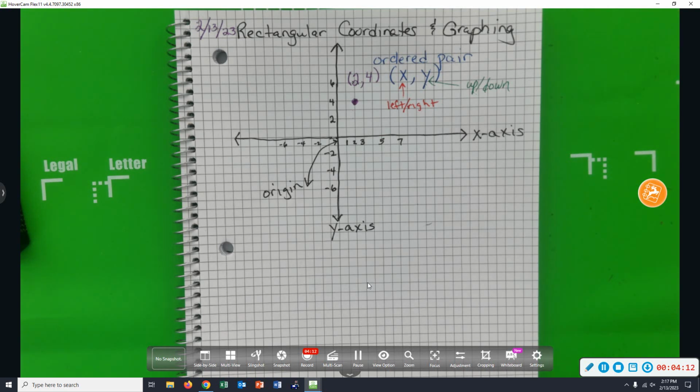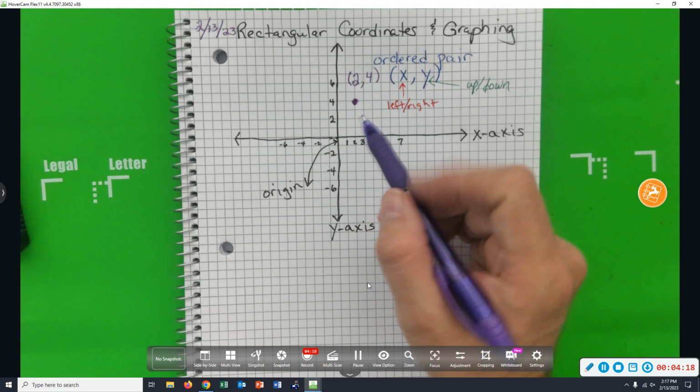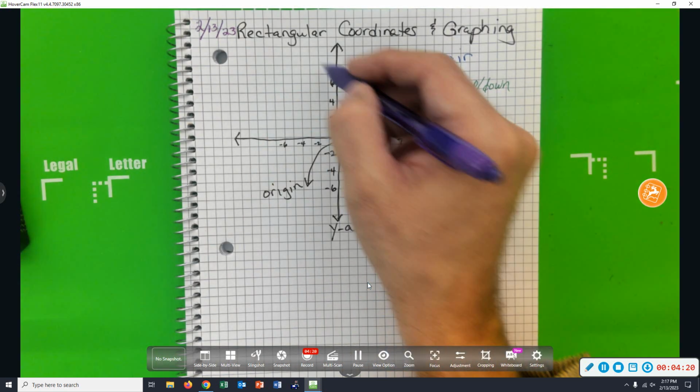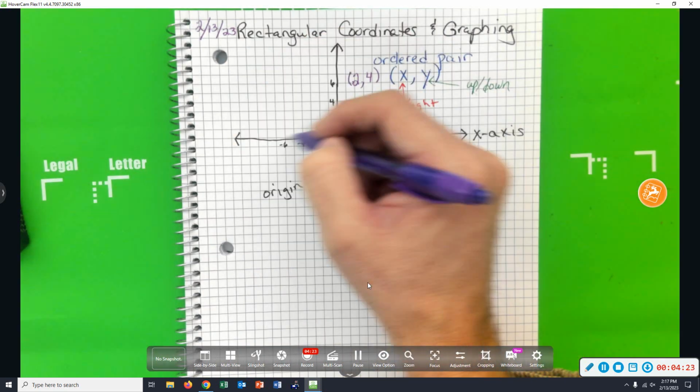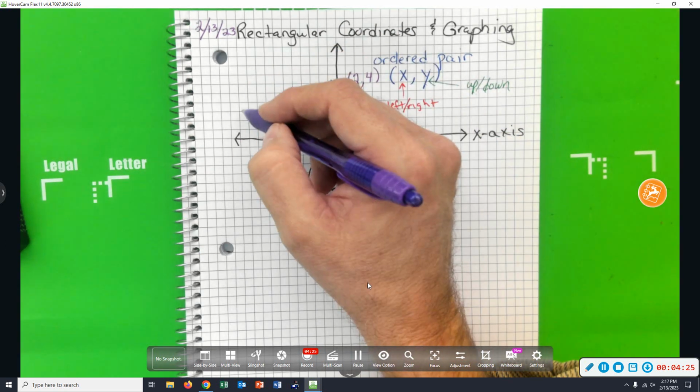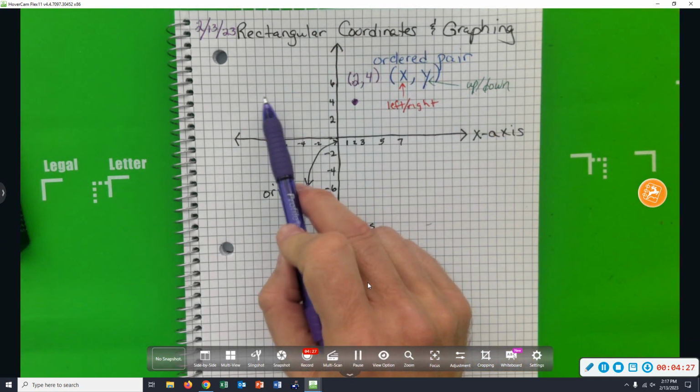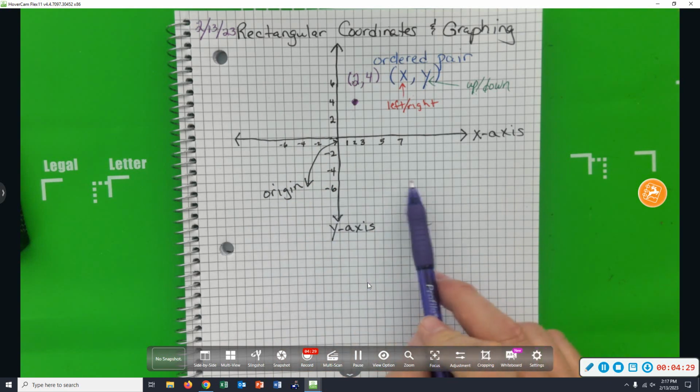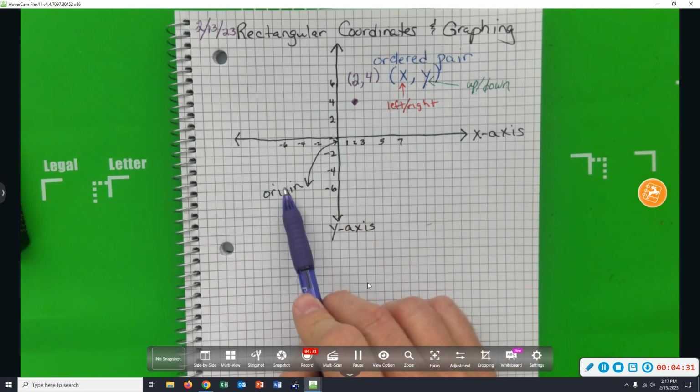Now let's suppose we want to plot the point (-2, 4). Well, (-2, 4) would be over here in what's called the second quadrant. Notice how the rectangular coordinate system is divided into 4 regions.